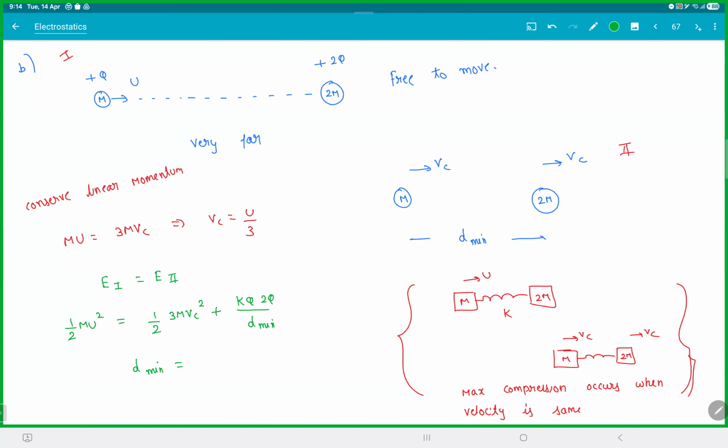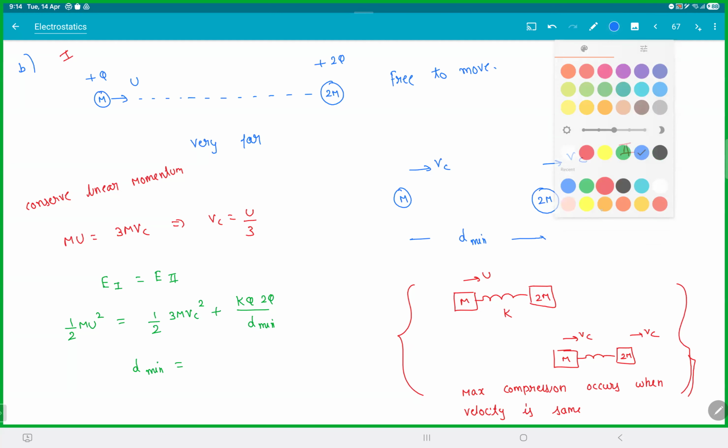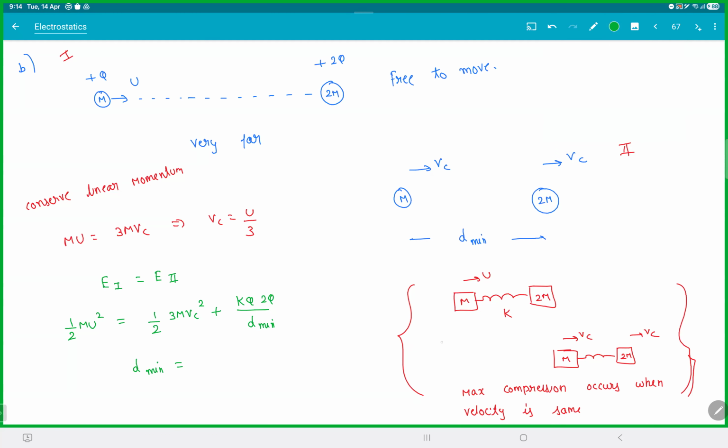What is the faster way to do this? You guys remember how to do this thing faster? We say half mu v relative square is equal to half k x max square. Remember this concept? Reduced mass. So I can do that here also. I can say half mu v relative square must be equal to k 2q by d minimum.